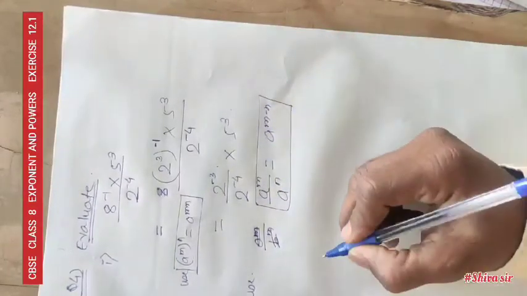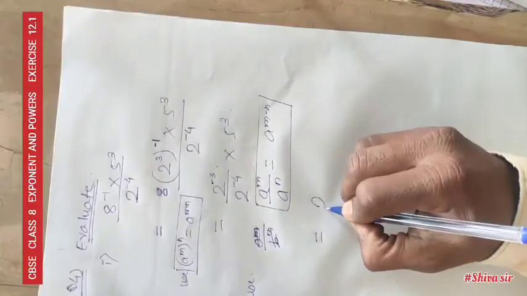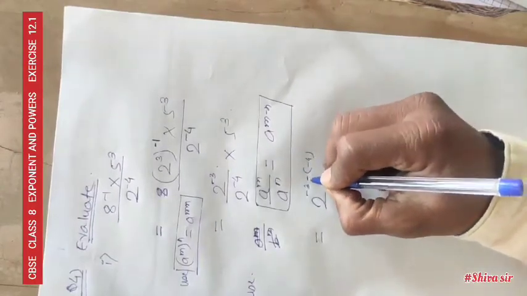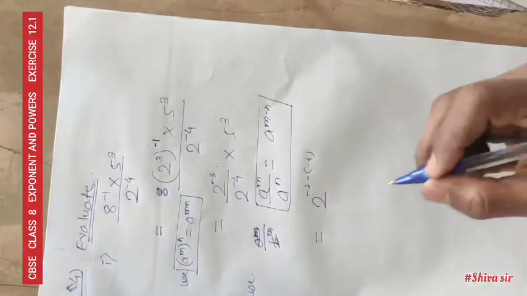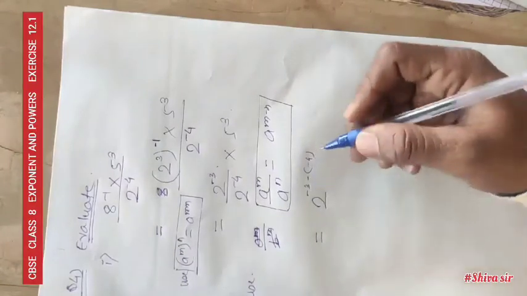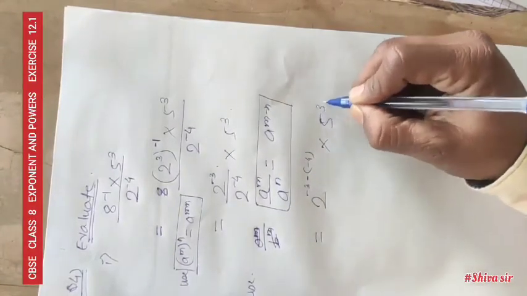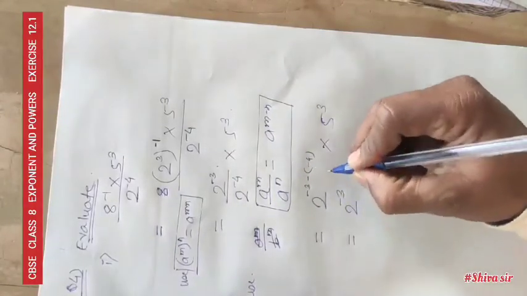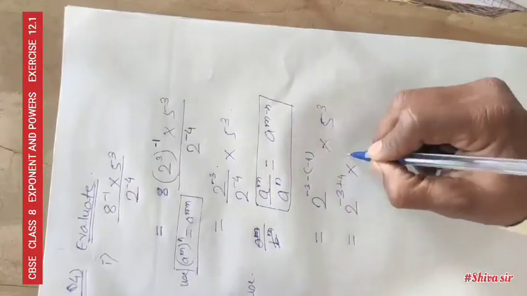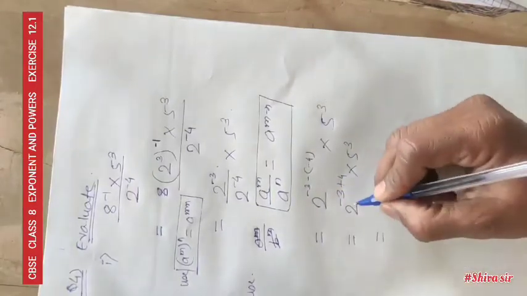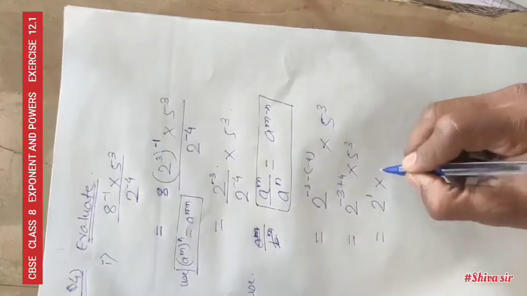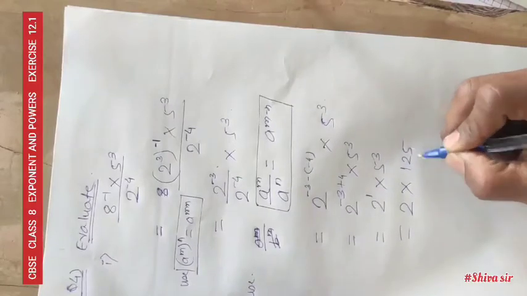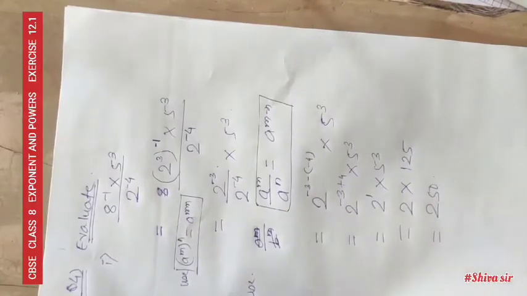In this step 2 is the base, so 2 as it is, raised to minus 3 minus (minus 4), that is minus 3 plus 4, into 5 cube. So 2 raised to the power 1 into 5 cube. Here 2 into 5 cube, that is 2 into 125, and our answer is 250.